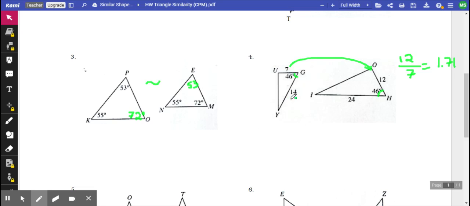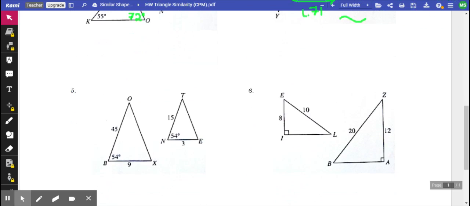Let's check to see if this is the same scale factor. If I do 24 divided by 14, that also equals 1.71. So we know that their scale factor is the same, and we have another angle to lock them both into place. So we know that these two triangles in number 4 are similar.